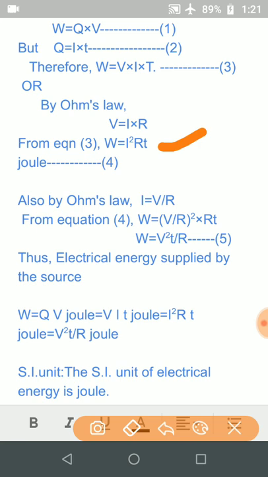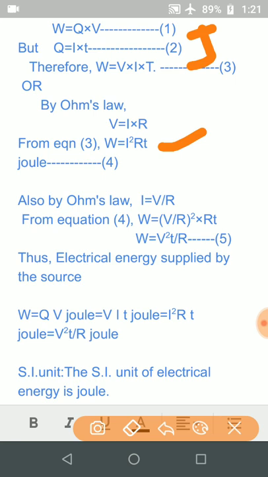Friends, here in equation number 1, W is equal to Q into V, it is also expressed in terms of joule, and similarly in equation number 2, Q is equal to I into T. Similarly in equation number 3 and equation number 4.